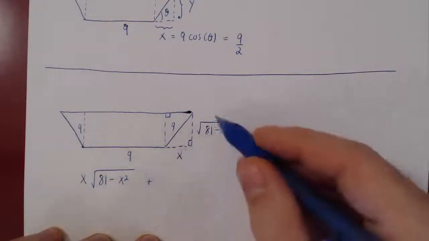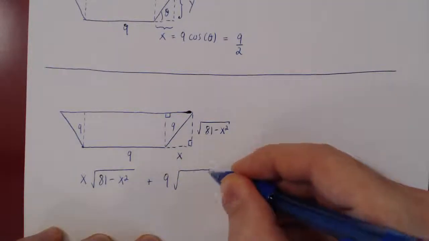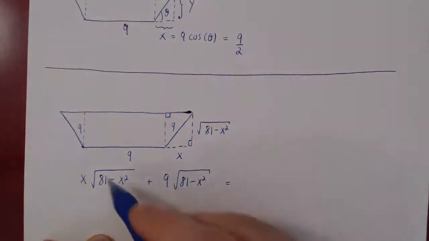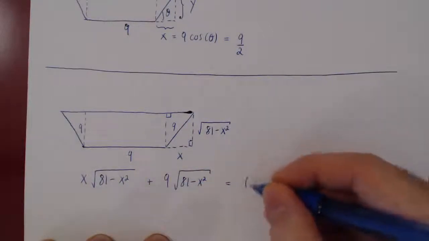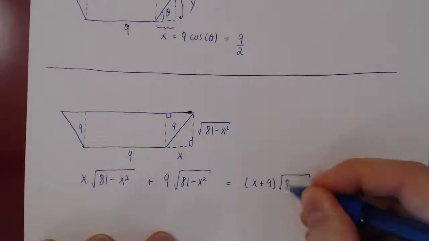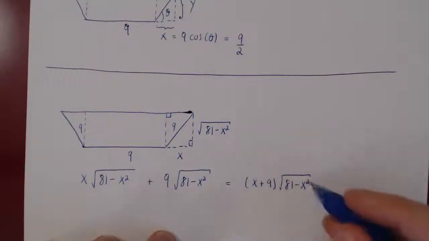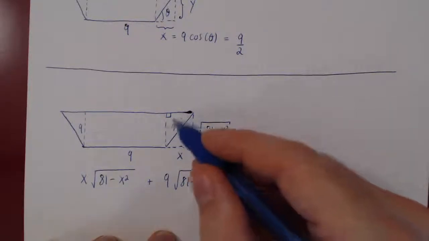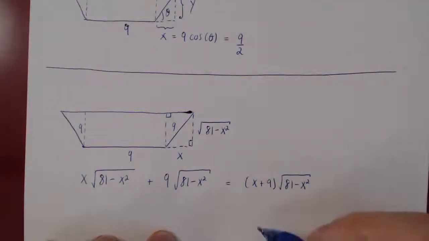The base is 9, the height is the square root, so plus 9 times the square root of 81 minus x squared. You can factor the square root from both terms, and you're left with an x plus 9 times the square root of 81 minus x squared. So now you have a function of x, not the function of theta, representing the area of the trapezoid. So you want to maximize this function, as before.